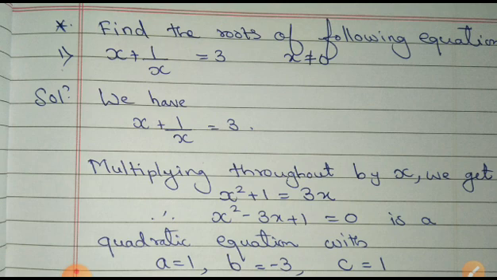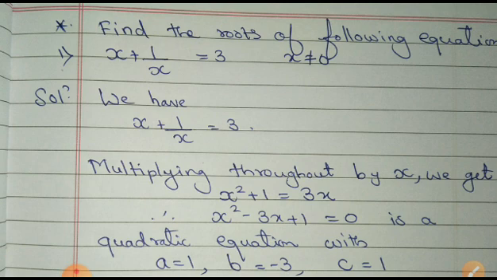So to use the formula method, what was the formula? It was x equals minus b plus or minus root of b square minus 4ac by 2a. In that, b square minus 4ac was called the discriminant.